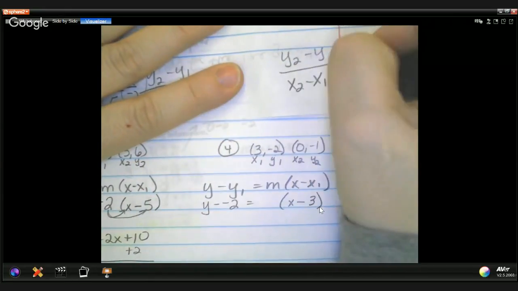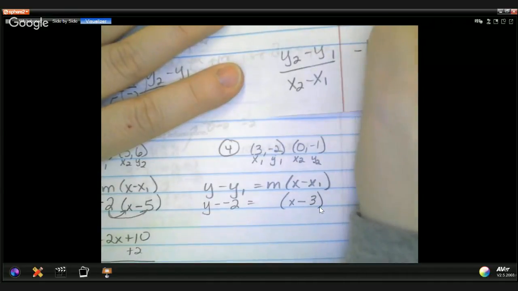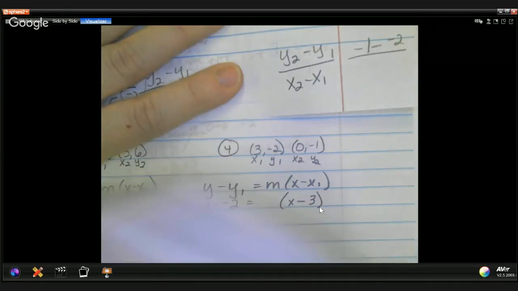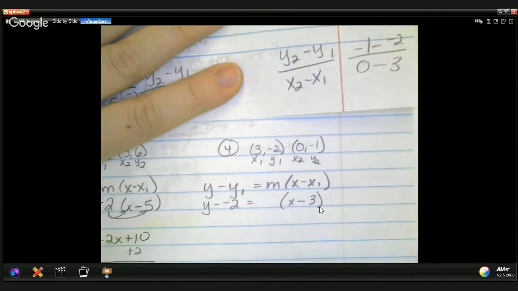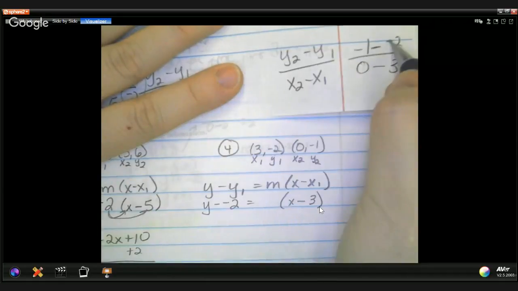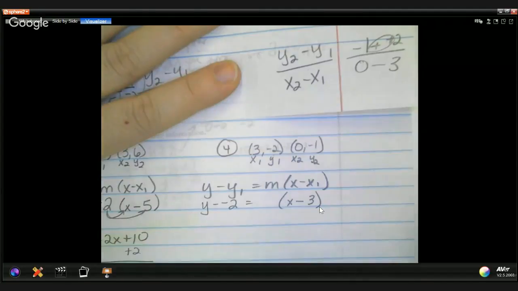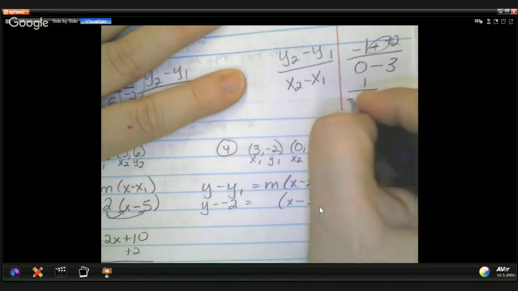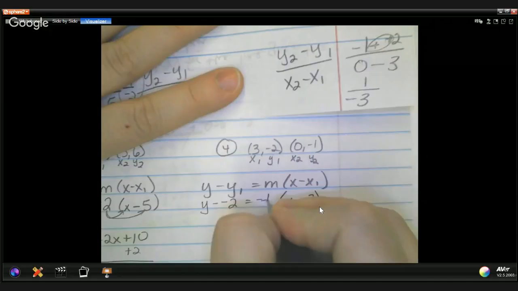My y2 is negative 1 minus my y1, negative 2. And then my x2 is 0 minus my x1, which is 3. So now I have 2 negatives here that become a positive. So negative 1 plus 2 is a 1. And 0 minus 3 is negative 3. So that tells me my slope is negative 1/3.